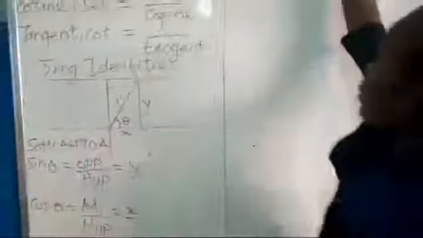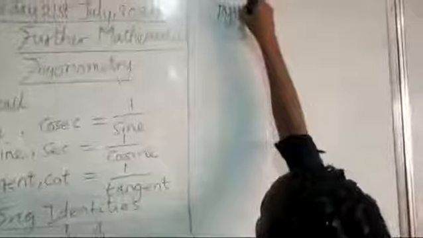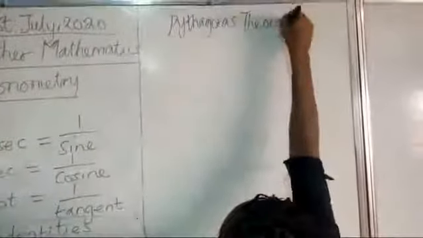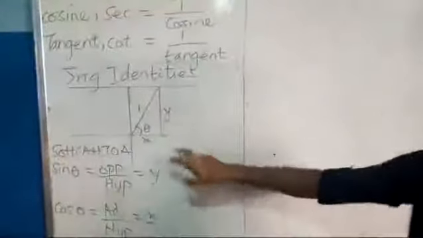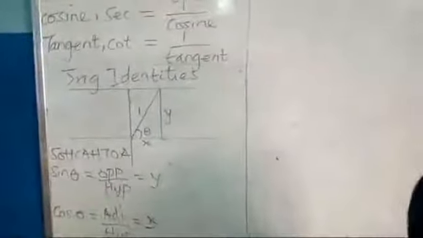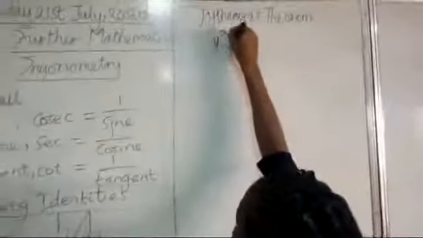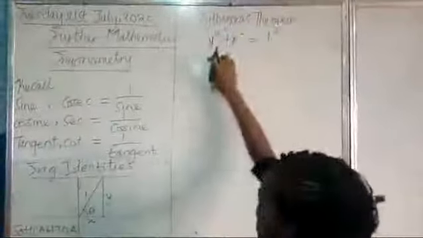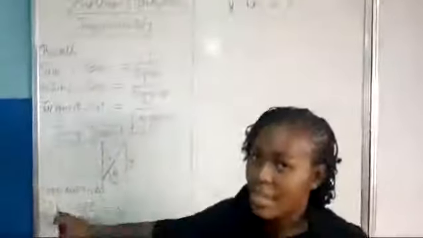And then from our knowledge of Pythagoras theorem, we know that the sum of the squares of the two sides is equal to the square of the hypotenuse. So we say y squared plus x squared equals 1 squared. And what is y here? Y is sine theta.